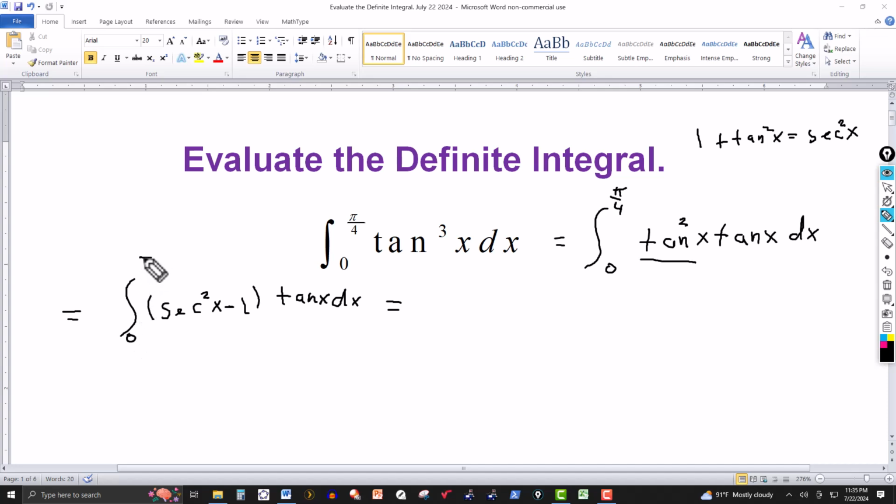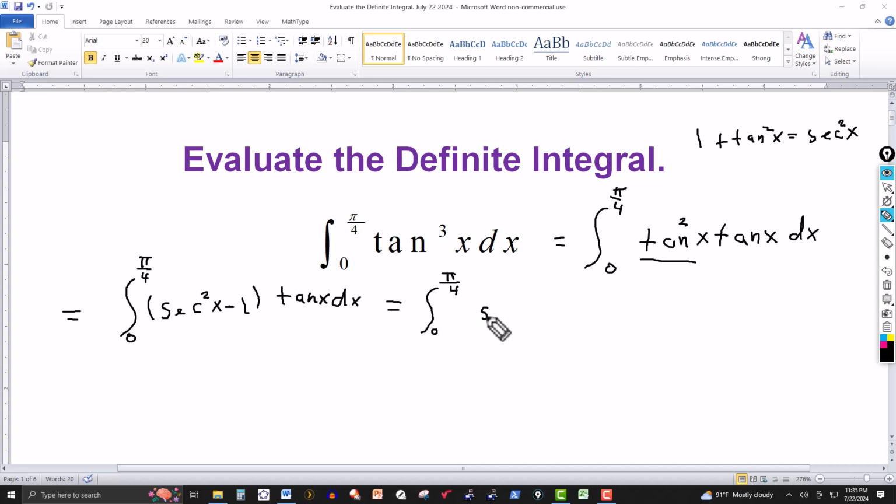So this then is equal to, and the limits of integration, I'm not going to change those because I'm staying with the same variable. This will be from 0 to pi over 4 again. And let's multiply through by tangent here.